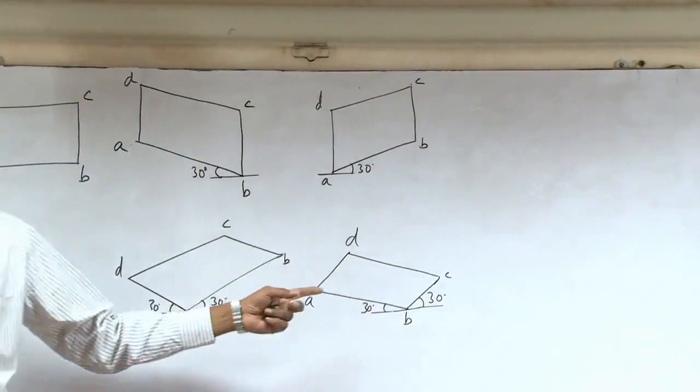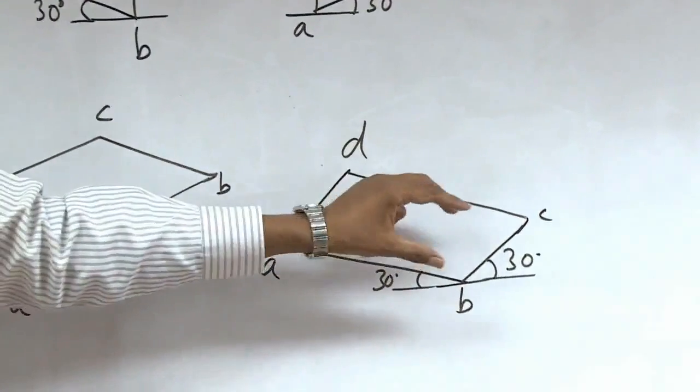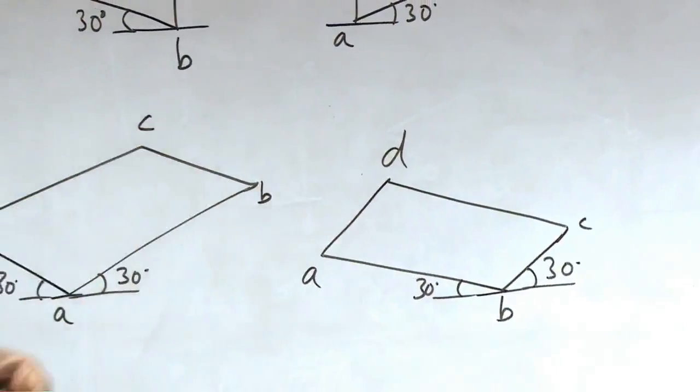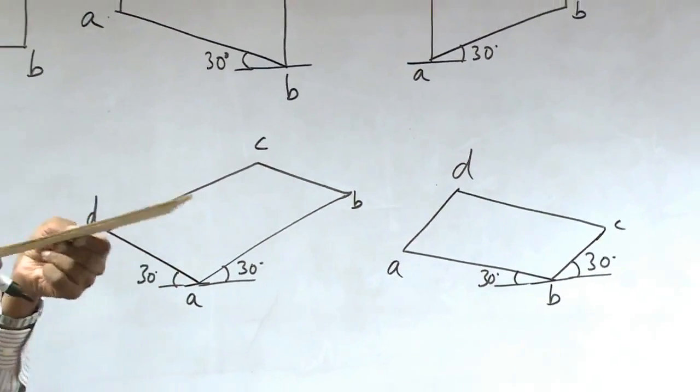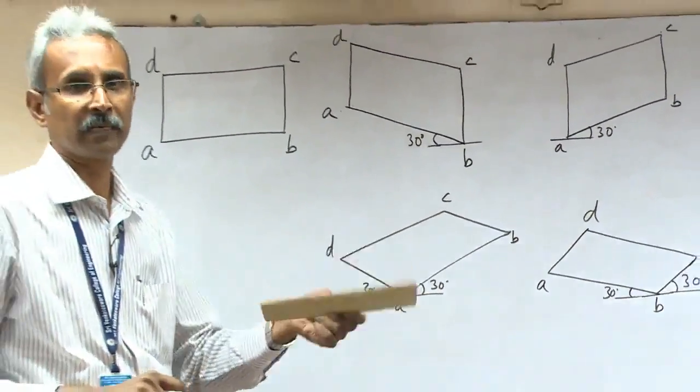So this is another possible orientation, because length is towards your right, whereas here length is towards your left. So depending upon which way you are going to orient it. So this is how to draw isometric view of a rectangular plate.